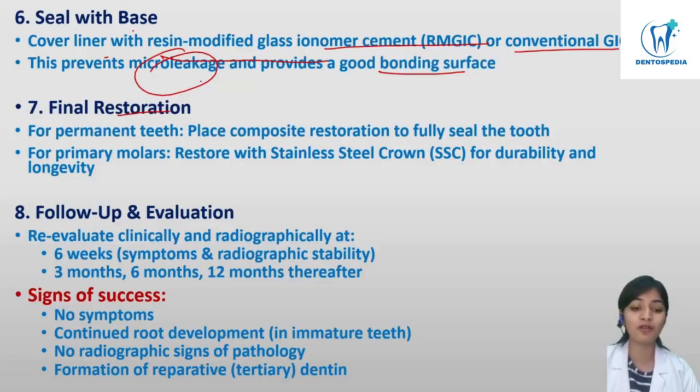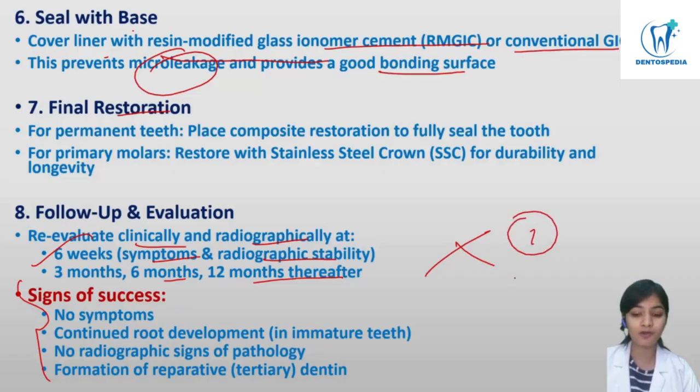Then you have to do follow-up and evaluation. Reevaluate clinically and radiographically at 6 weeks. Check for symptoms and radiographic stability at 3 months, 6 months, and 12 months. There should be no symptoms.